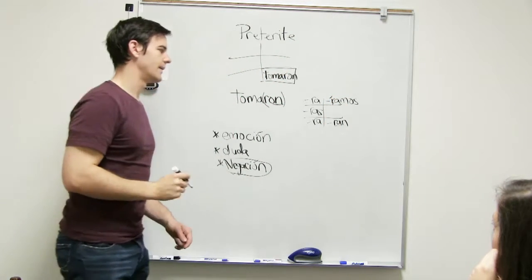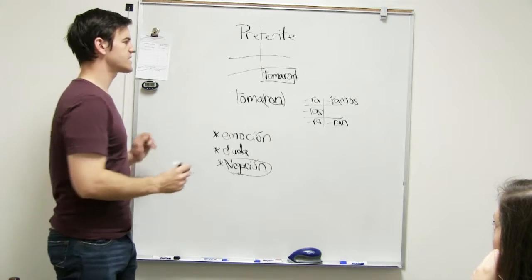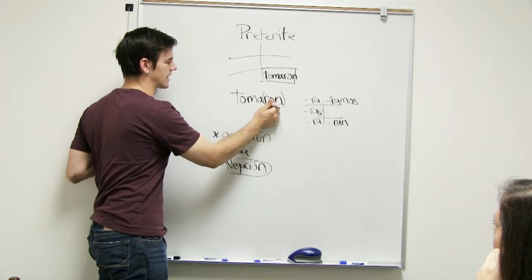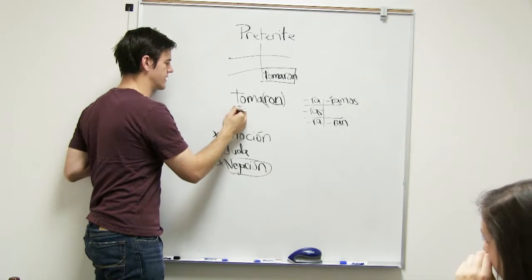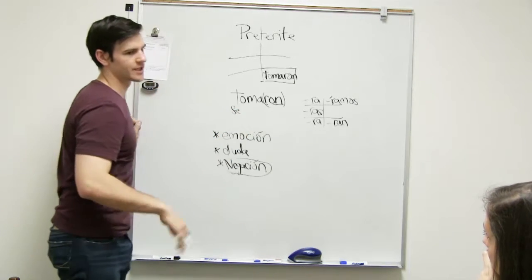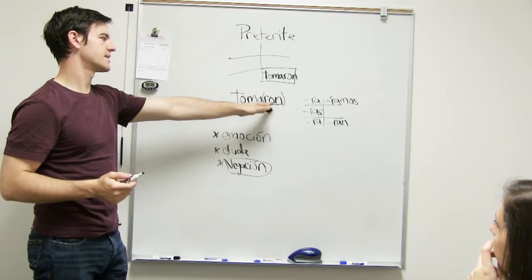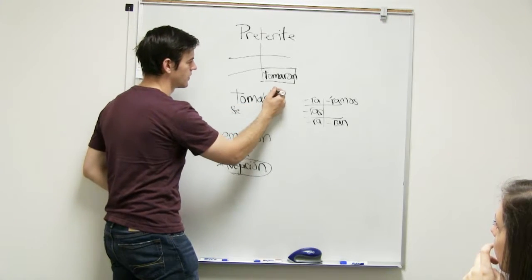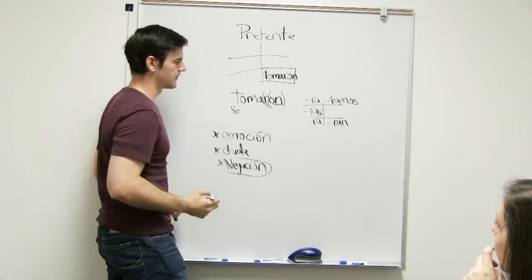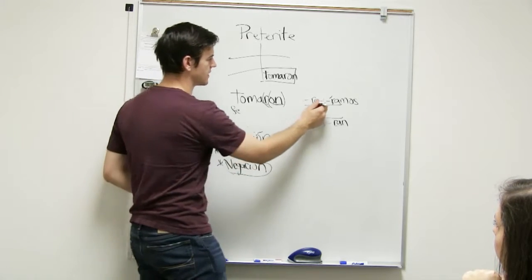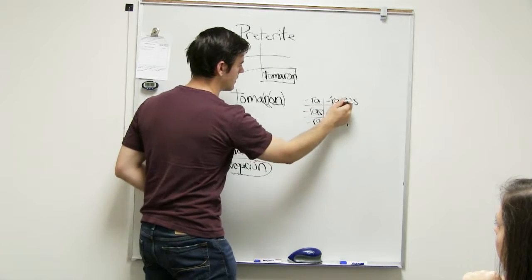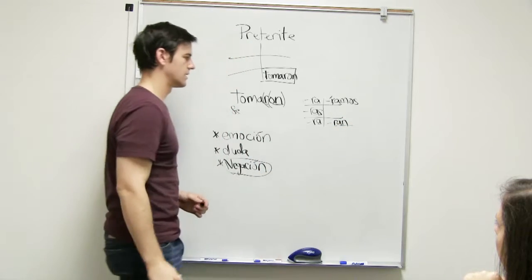The reason I had you take the R off is for the se endings that you'll learn about later. But if it helps you right now, just think of it in terms of the O, the ON, then think of it that way. In that case, you just add the a, as, a, amos, an.